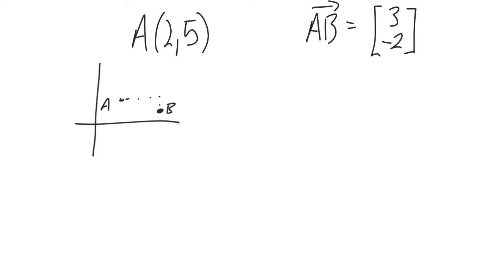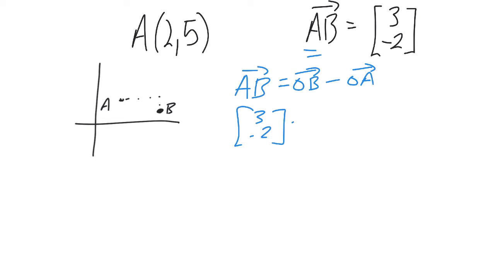Or if I use the formula, AB is OB minus OA. And if I sub in what I know, I know AB is (3, -2). I don't know OB, that's what I'm trying to find. And I know that OA is (2, 5).